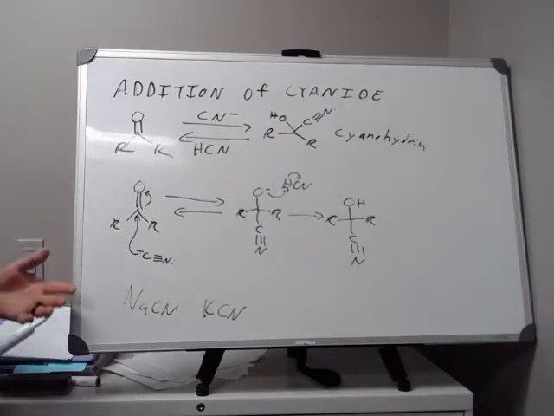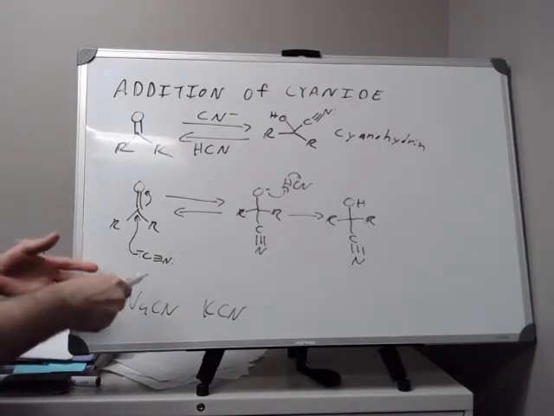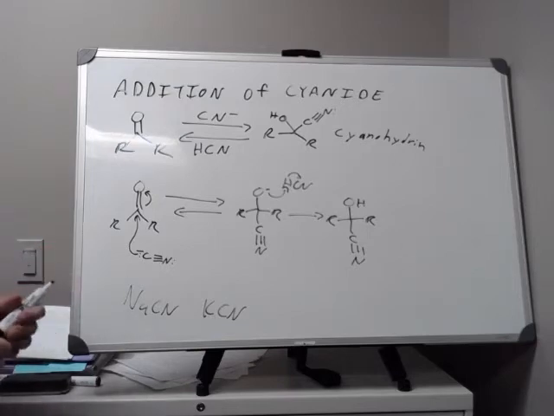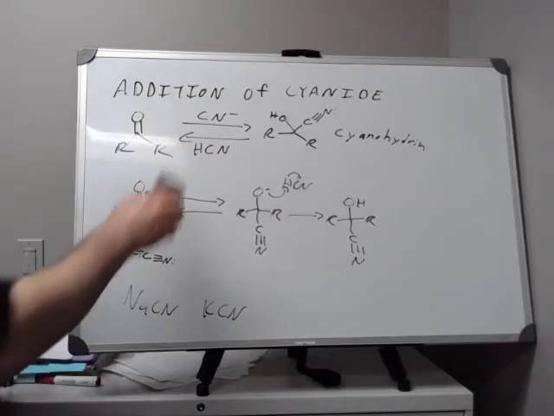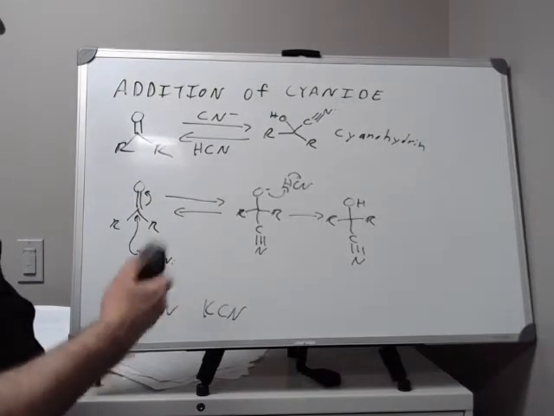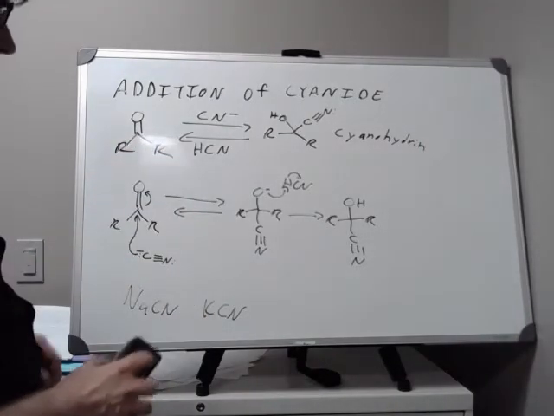But because this reaction does use cyanide, it's potentially a very dangerous reaction to perform. And so it needs to be performed very carefully inside a good fume hood to keep that hydrogen cyanide under control.